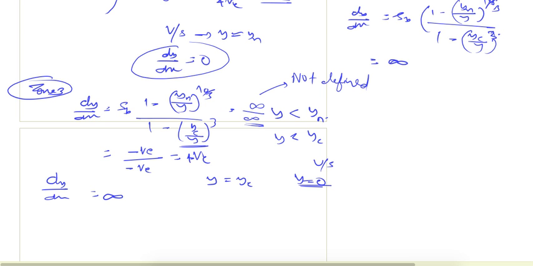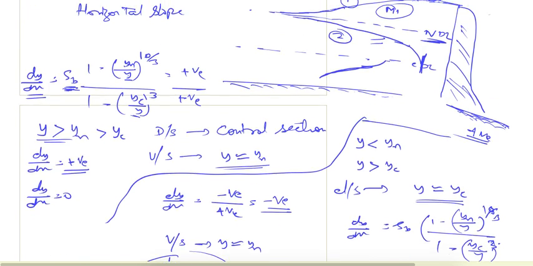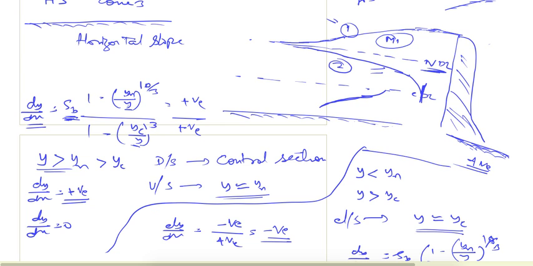So we cannot decide from this observation what will happen here. It will be defined by whatever the characteristic of incoming flow is, but it cannot become equal to 0. So we denote it as a dotted line here. So these are our three profiles.